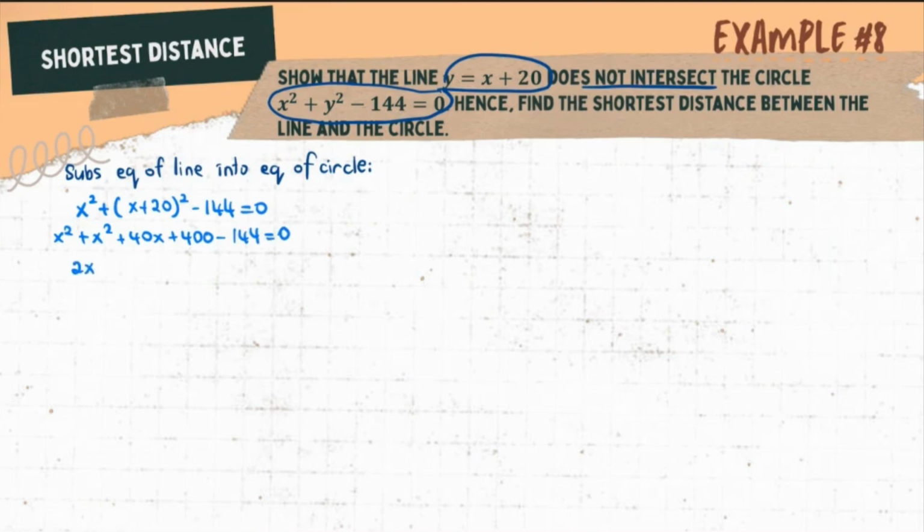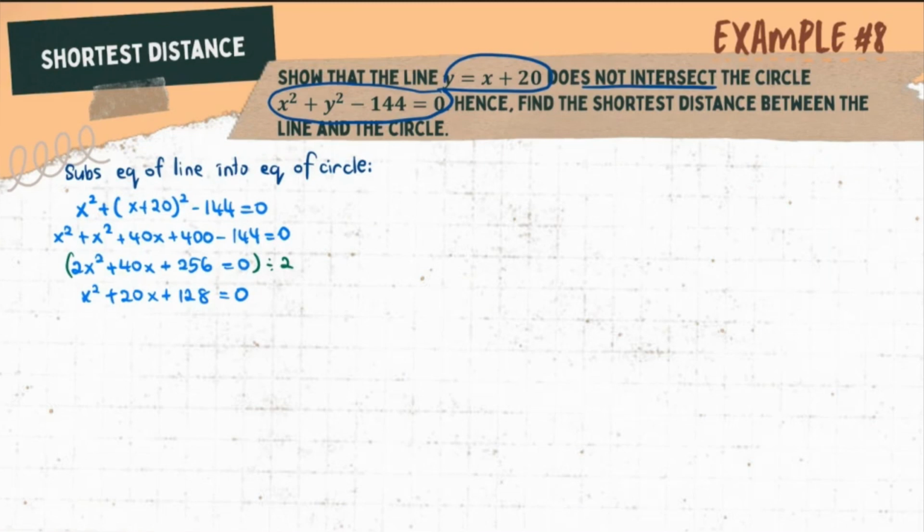So we have 2x squared plus 40x plus 256 equals to 0. And if we simplify, kita bahagikan the whole equation dengan 2. We have x squared plus 20x plus 128 is equals to 0.